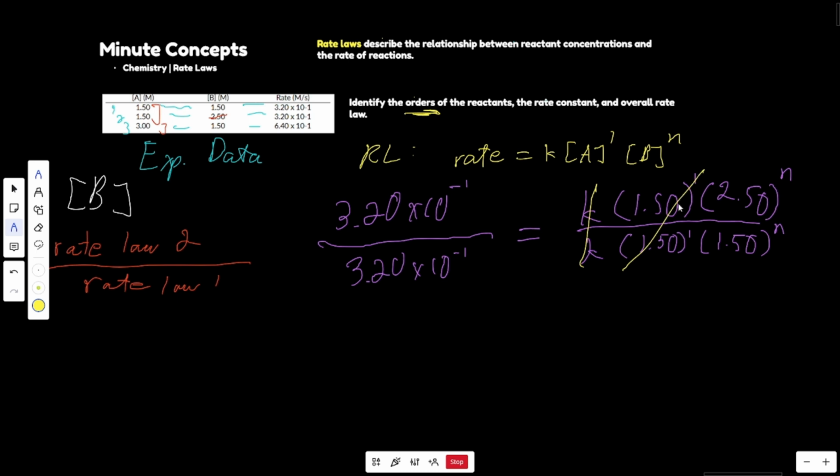The K's cancel out, the 1.50s cancel out, and we're left with, this is going to be equal to 1, and this is going to be equal to 2.50 over 1.50 to the power of N.